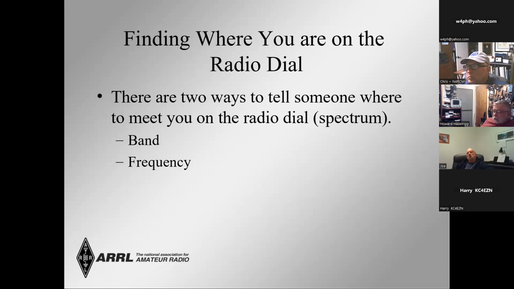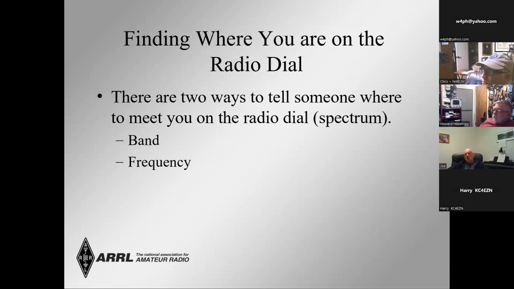Our original amateur radio bands that we got after World War II were the 160 meter band. This is 1.8 to 2 kilohertz. The 80 meter band, which is 3.5 to 4 megahertz.